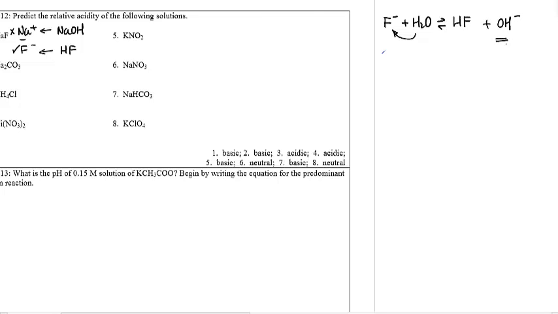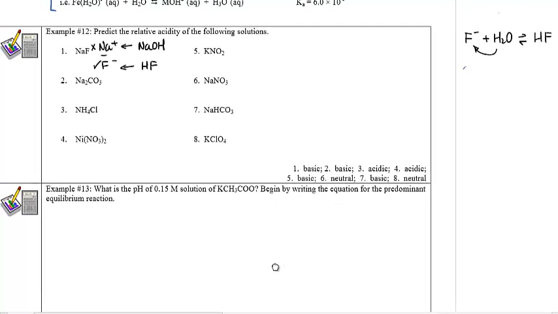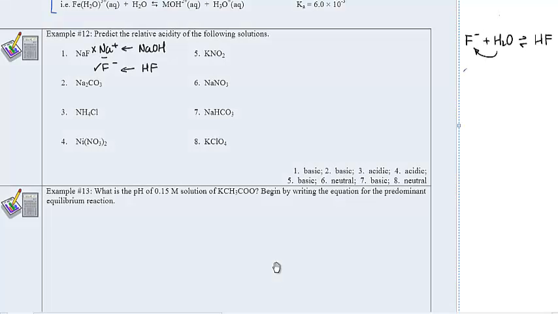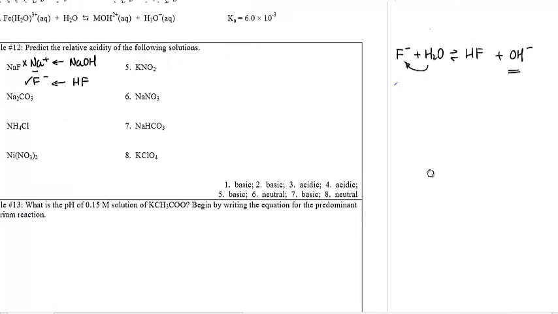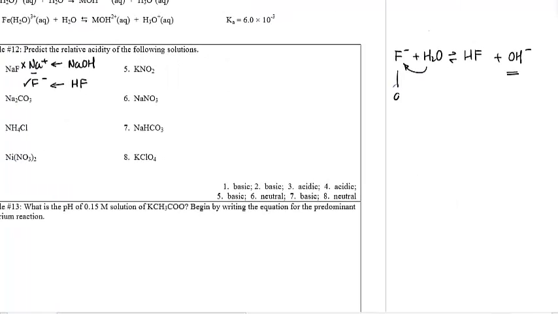This hydroxide ion is now going to cause the solution to become basic. And this is why in number 1, when we take a look at NaF, it is going to undergo anionic hydrolysis, and the solution is going to become basic.